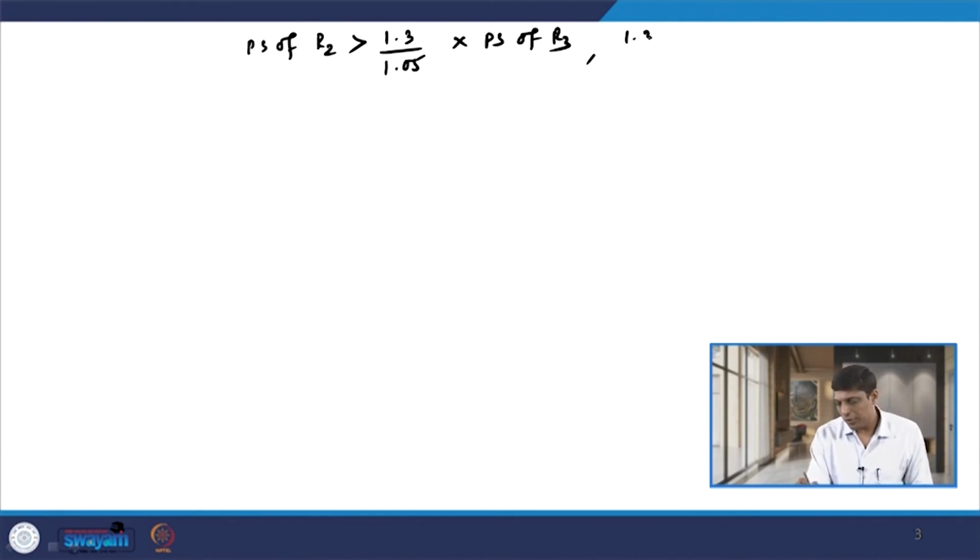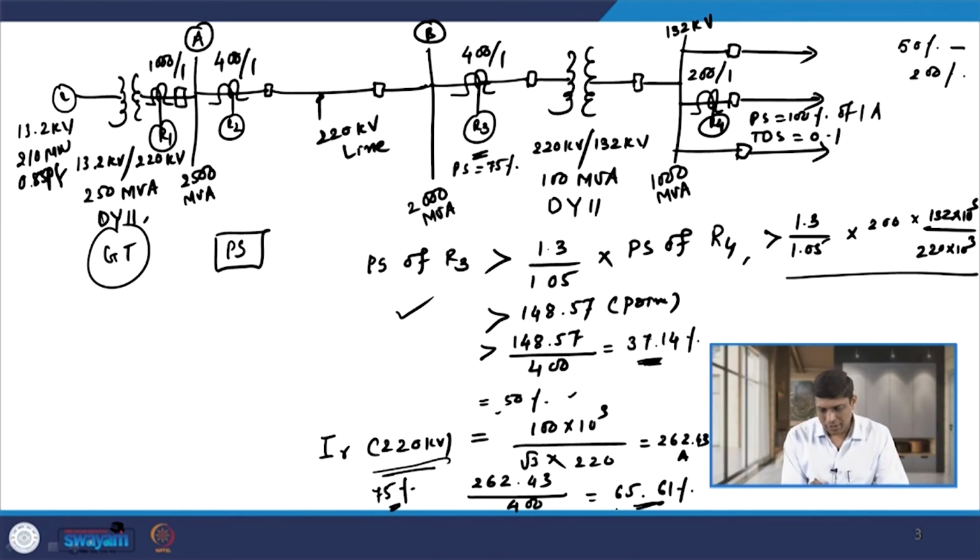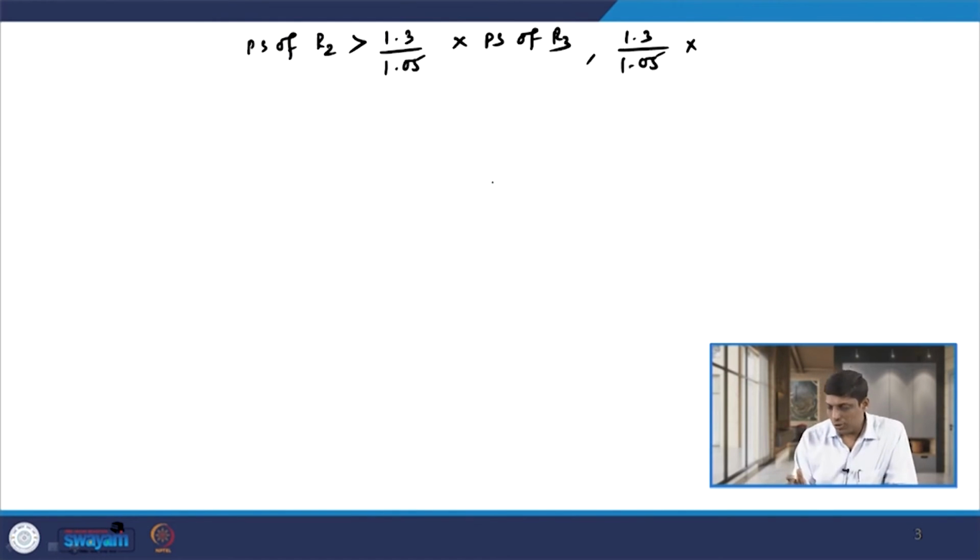The plug setting of relay R3 we have selected as 75% of 1 ampere, or 75% of 400 ampere. So, here that is 75% of 400 ampere.